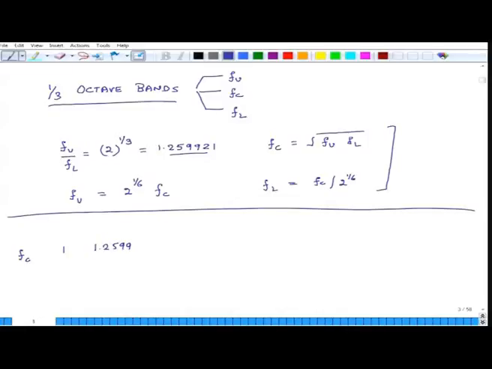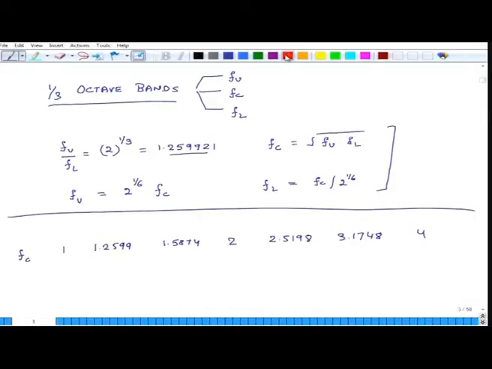Then I multiply again to get 1.5874, and if I multiply 1.5874 by this factor, I get 2. Then I get 2.5198, because I am multiplying every time by 1.259921. Then I get 3.1748, and then I get 4, and so on and so forth.